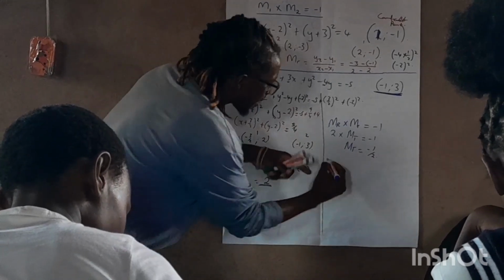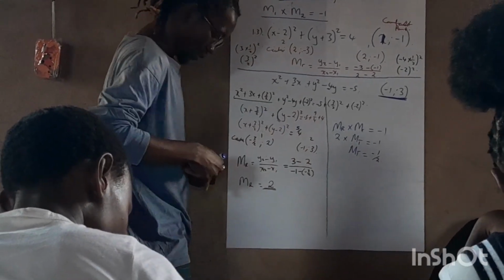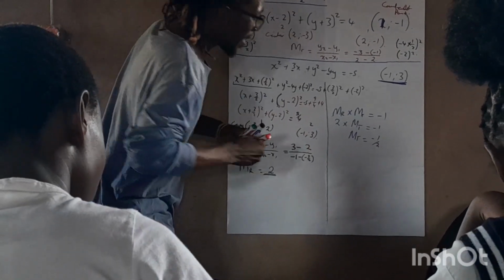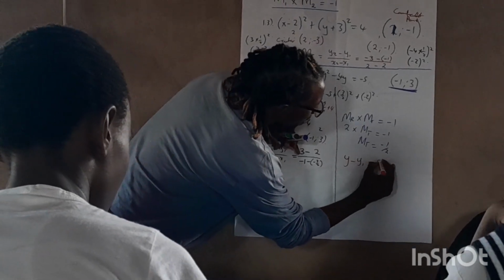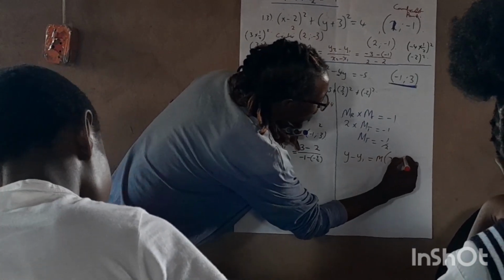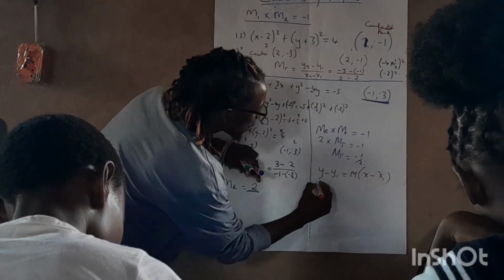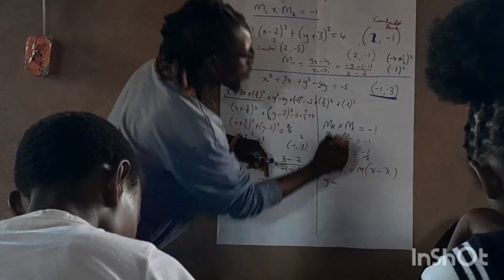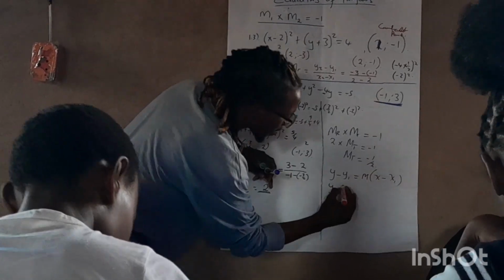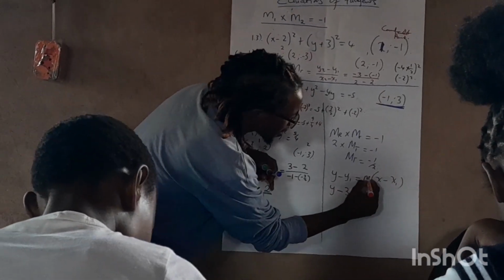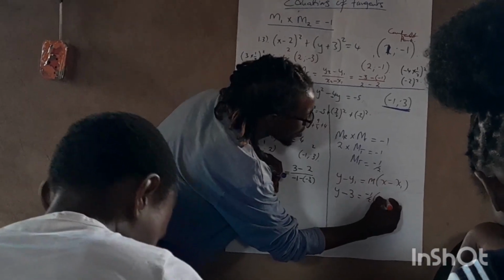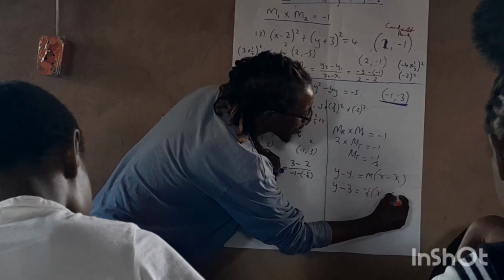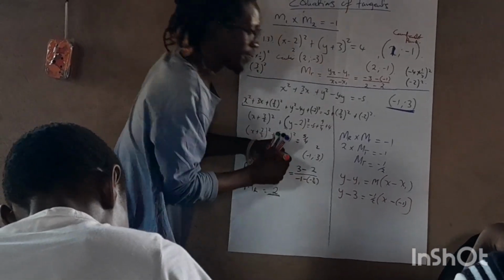So we can now say y minus y1 is equal to m times x minus x1, right? So this would be y minus, what is our point? 3, right? Equals, what is our gradient? Negative 1 over 2 times x minus 1, right?